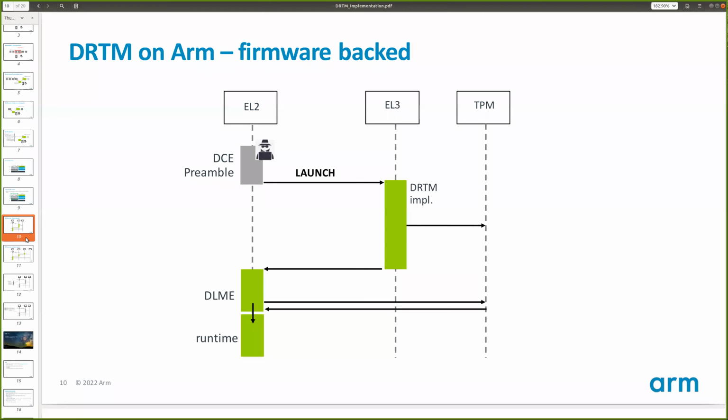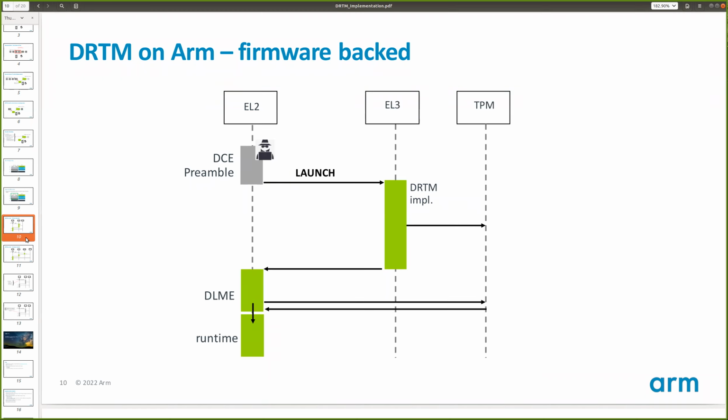So if you had a system without EL2, you could do the launch from EL1. That's one thing mentioned in the spec. As far as where the DRTM implementation is, in this picture you can see it's at EL3. But an SMC call always takes you to EL3. At that point, you do have the flexibility of implementing other parts of the implementation at other privilege levels.